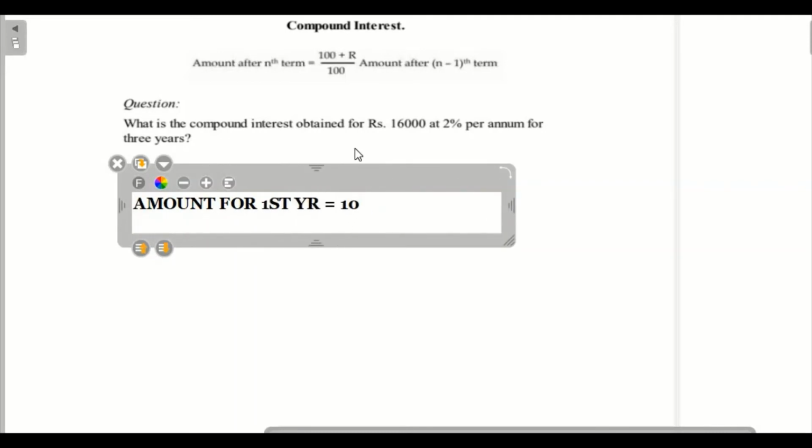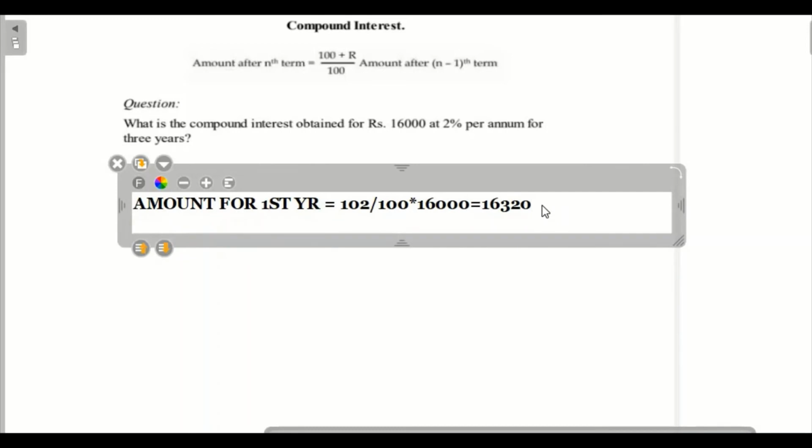The formula is 100 plus R, where R is the percentage of rate. So we have 2%. So 100 plus 2 is 102 by 100 into 16,000. So for the first year he gets the amount of 16,320.